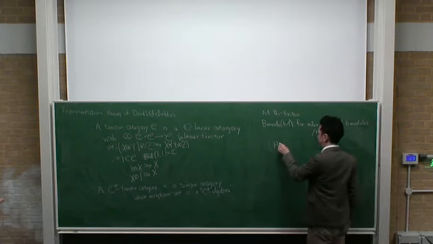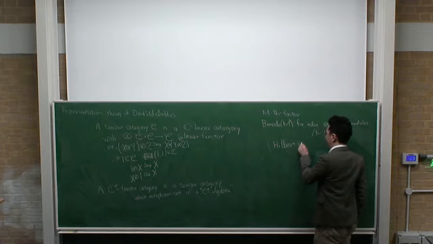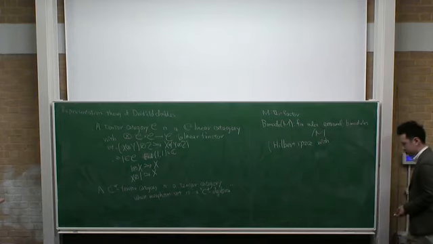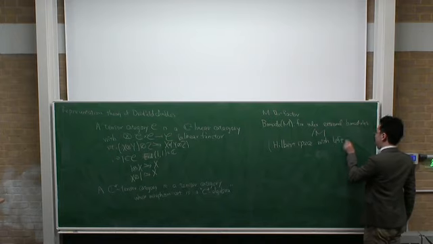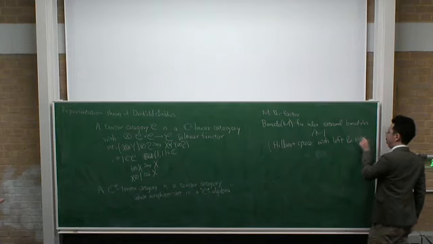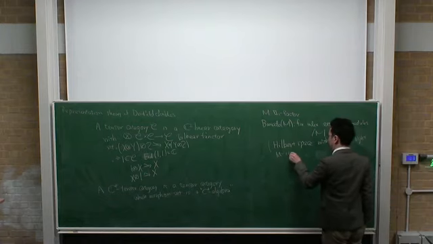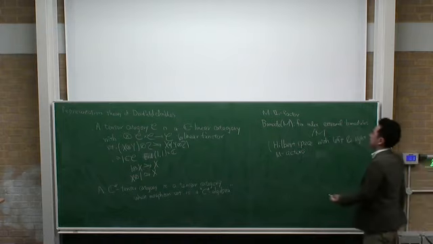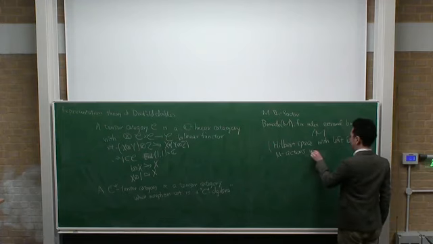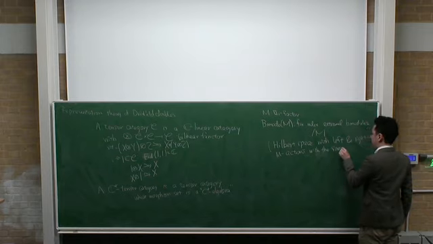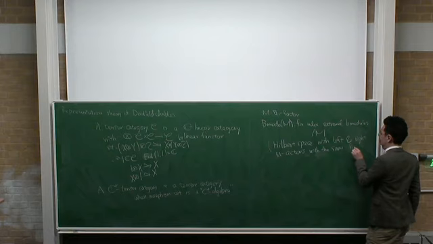So this is simply the Hilbert space with left-right N actions, of course normal, with the same finite left and right Murray-von Neumann dimension.